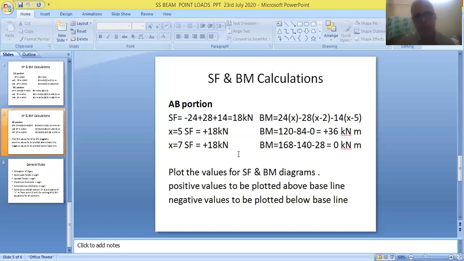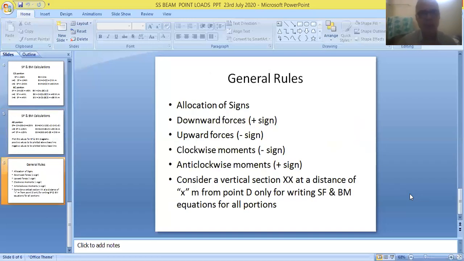Similarly, some values of bending moment will be positive, some negative. So all positive values will be coming above the baseline of the diagram. All the negative values will be plotted below the baseline of the diagram. So these rules are ultimately used for preparation of shear force and bending moment diagrams.